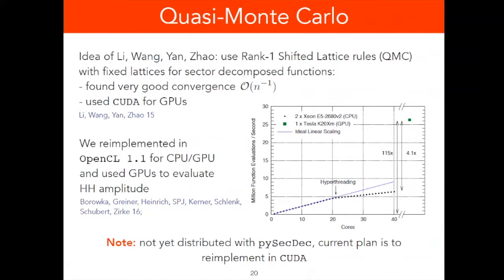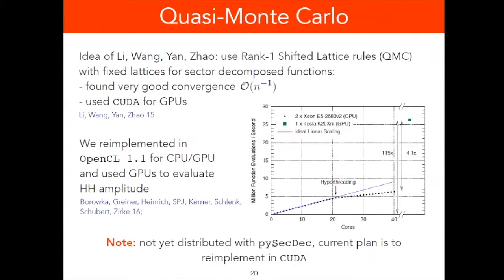And they used CUDA to implement this on GPUs. And we re-implemented this in OpenCL 1.1 so that it can be run on CPU and GPU. And we use these GPUs to evaluate the entire double Higgs amplitude, so not just the integral, but really substituting it back into the amplitude and going right to a final result: differential cross-section, pT distributions, everything.